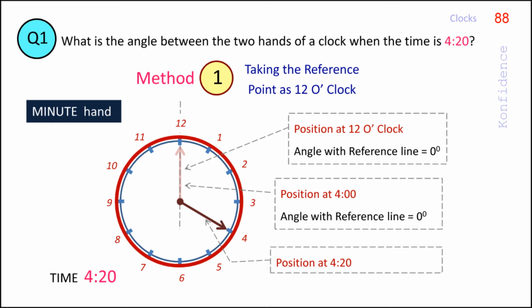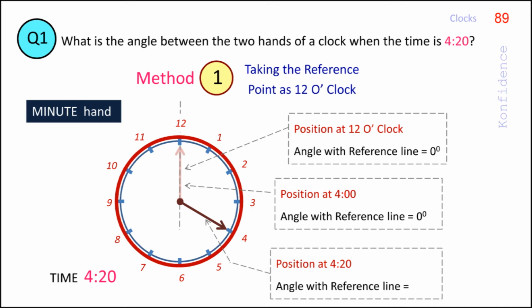Do recollect that the speed of the minute hand is 6 degrees per minute. Therefore, it will travel 20 into 6, that is equal to 120 degrees in the 20 minutes. So, the total displacement of the minute hand in 20 minutes is 120 degrees.